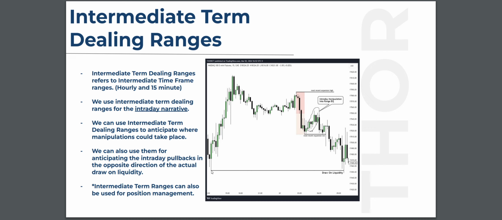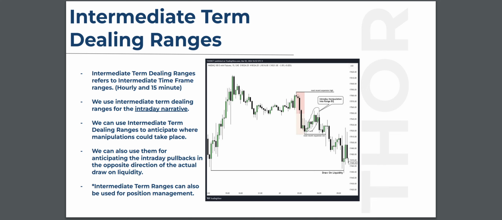Let's say I established that draw on liquidity first, then got this framework. Now, looking at this intermediate time frame, if price wants to go and draw liquidity, it has to come back up into the most recent expansion leg's premium array to go down.